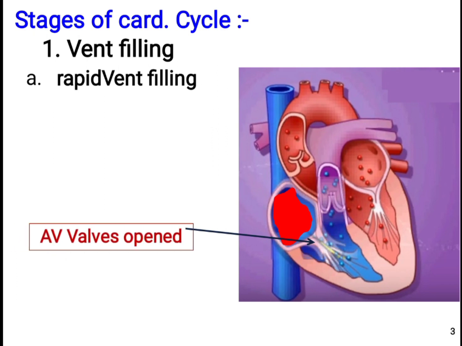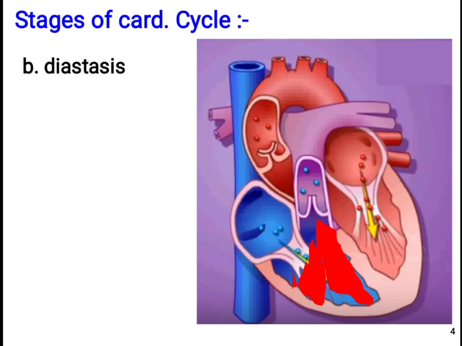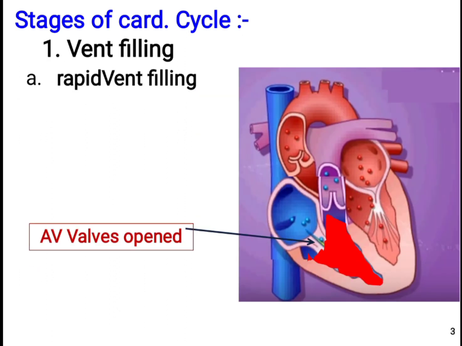Now, what happens thereafter is that the AV valves open. When the AV valves open, we see blood moving into the ventricles, whether the left ventricle or the right ventricle. When they open, that marks the rapid filling of the heart.